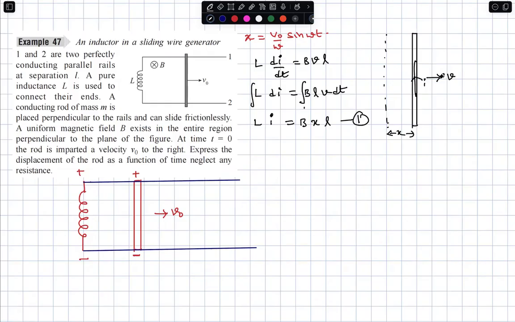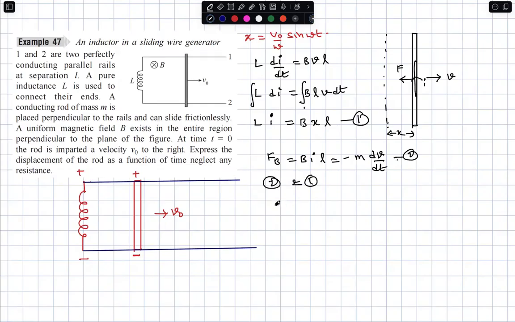Fleming's left-hand rule: inward, so it experiences a restoring force F like this. F_B is BIL, which is nothing but minus M dV by dt. Hold on. So I got an expression for I from equation 1. Let this be equation 2.